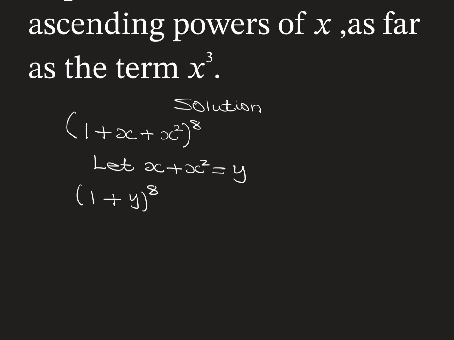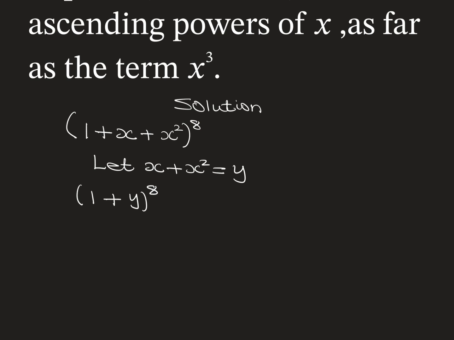That is, it has to start from 0 to 1 to 2 to 3 and so on. But it has limited us to x to the power 3, so we are going to ascend from 0 to 3. That is what we mean by ascending powers of x.